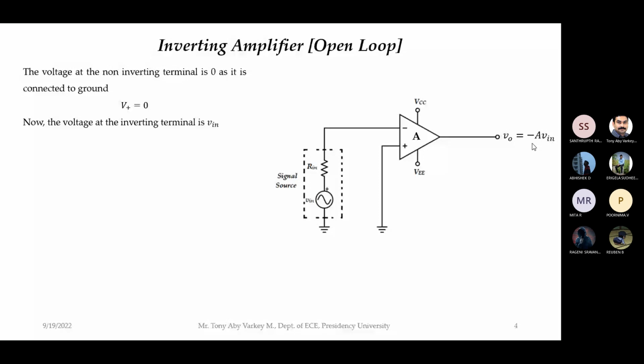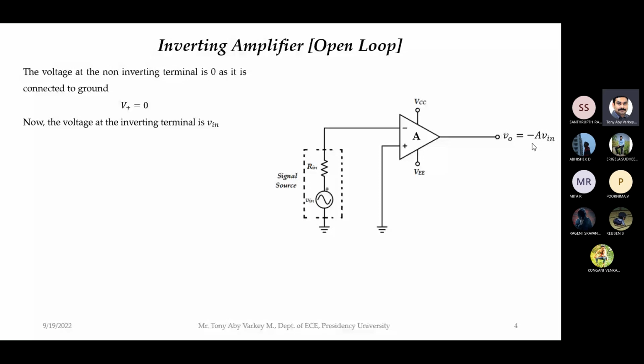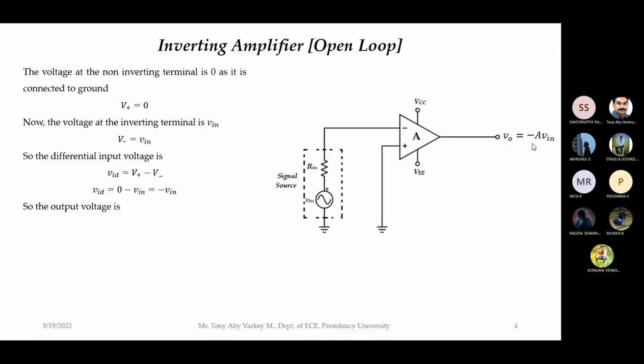Yes, sir. I have written here if you are getting confused. So differential voltage is voltage at the non-inverting terminal minus voltage at the inverting terminal, so it will become 0 minus V in, that is minus V in. So output voltage will be A into VID, that is A into minus V in. This output voltage is minus A into V in.